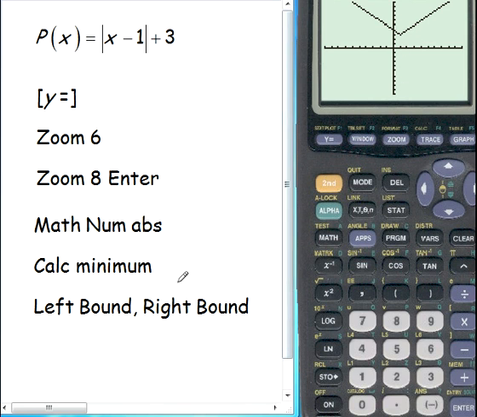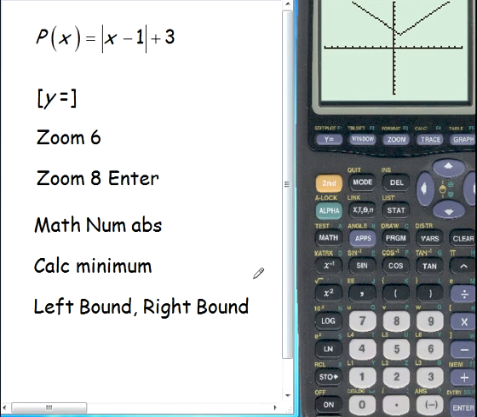I wanted to show you how to use the minimum function here to approximate something. Just looking at this, you can get the domain and range easily, the domain being all real numbers and the range being from positive 3 to positive infinity.